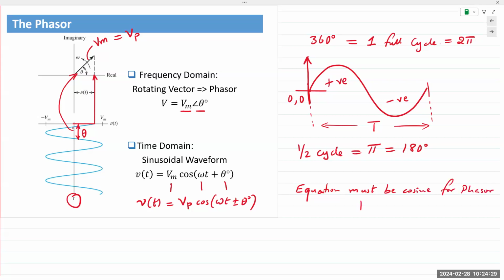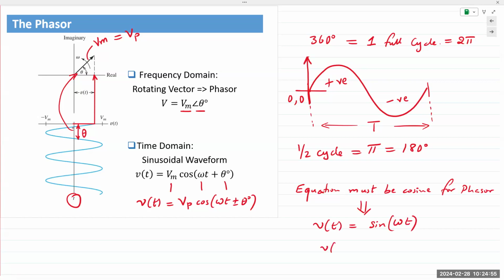Or the phasor transform. So if you are given an expression, V of t is sine omega t, where omega could have any value, then you have to use the expression sine x is equal to cos of x minus 90. You have to subtract 90 degrees from the expression.